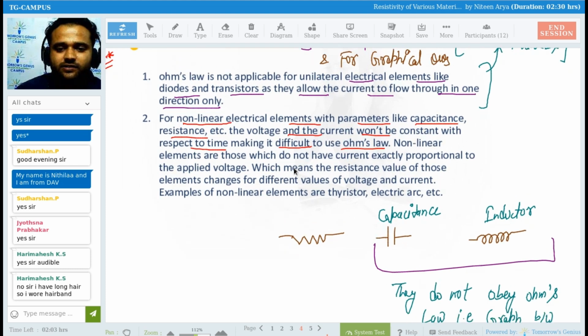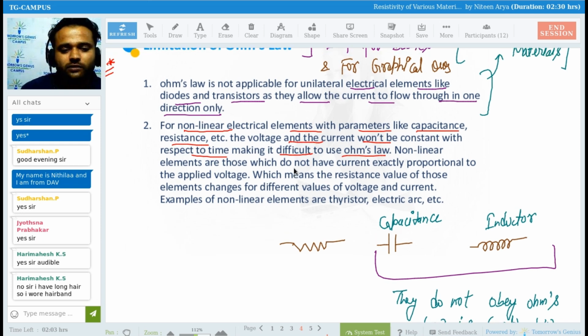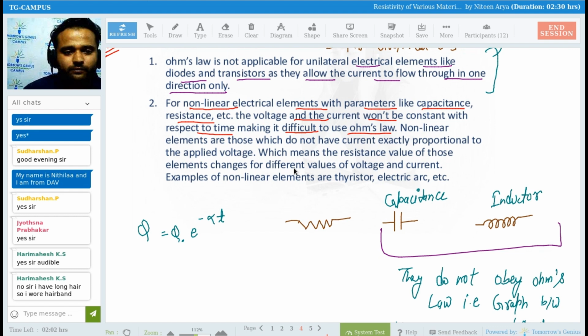Okay, so that is why this is written over here. Like in respect to time, there is a proper relation, like for capacitance, Q equals Q naught e to the power some alpha t. Okay, so this is exponentially proportional. So obviously, if I derive with time, I becomes I naught e to the power minus alpha t. This is some relation.